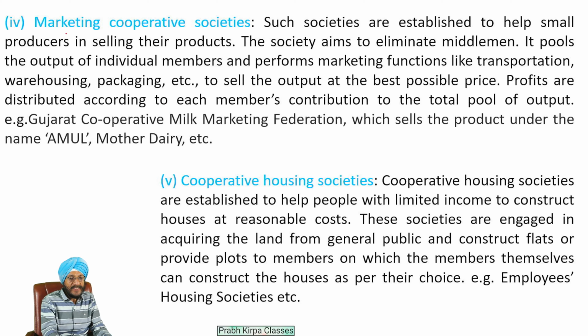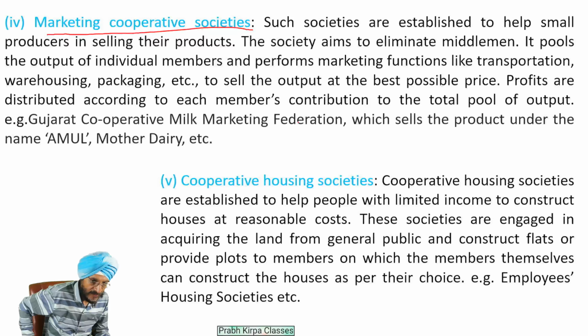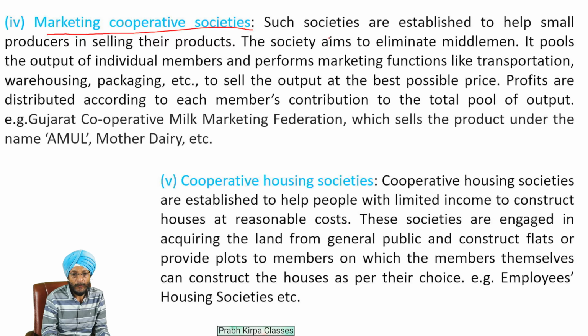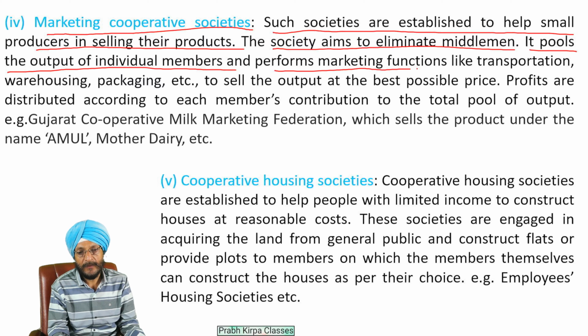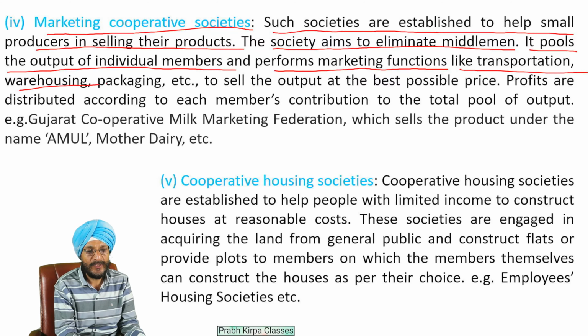Next society is the marketing cooperative society. As the name suggests, its main purpose is to do marketing. Such societies are established to help small producers in selling their products. The society aims to eliminate middlemen. It pools the output of individual members and performs marketing functions like transportation, warehousing, packaging, etc. to sell the output at the best possible price.